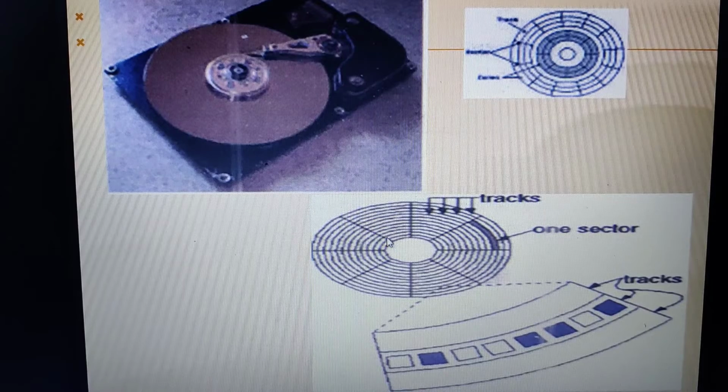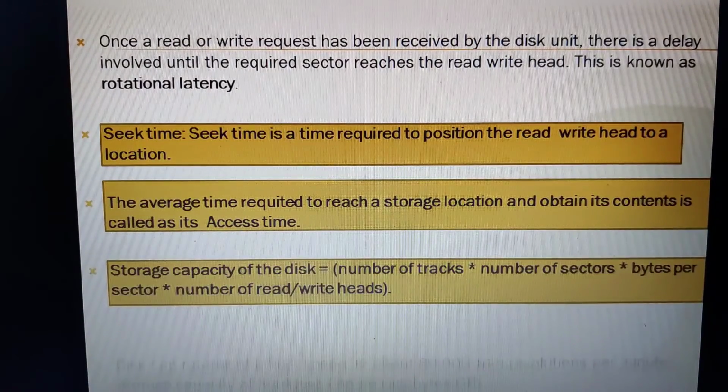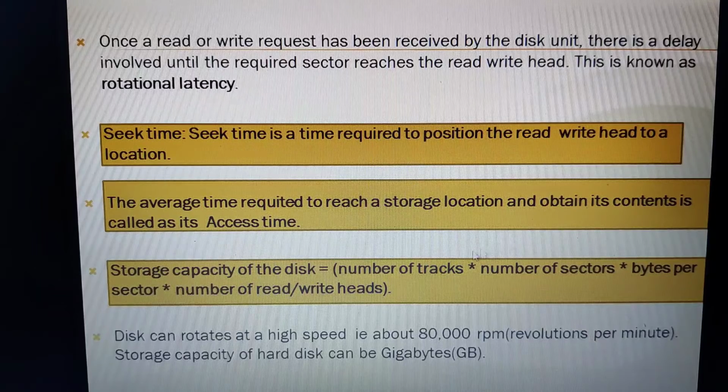Now how do we calculate the storage capacity of the disk? We calculate the storage capacity of the disk by this particular formula here. Look here. The storage capacity is the total number of tracks times the total number of sectors times the bytes per sector. As I said, each sector will hold a certain specific number of data elements, wherein the data will be in terms of bytes.